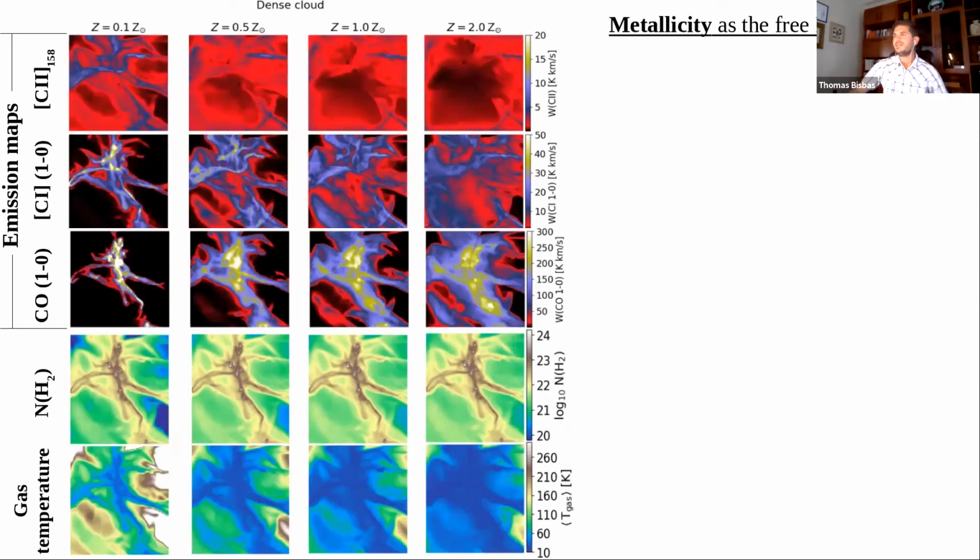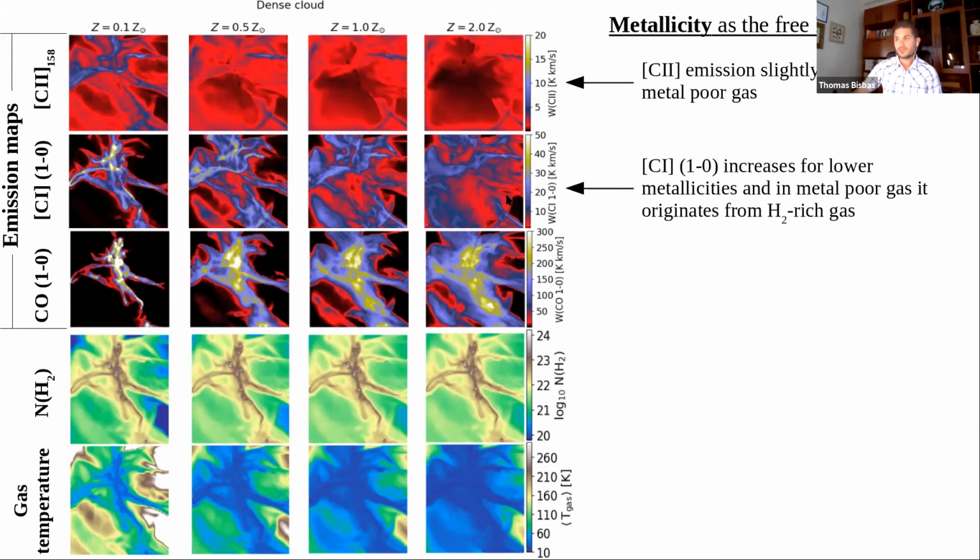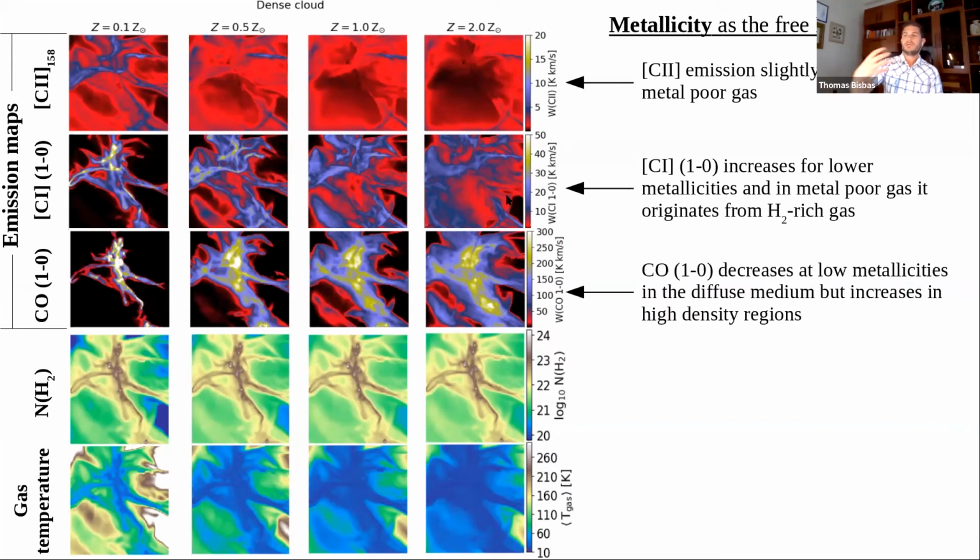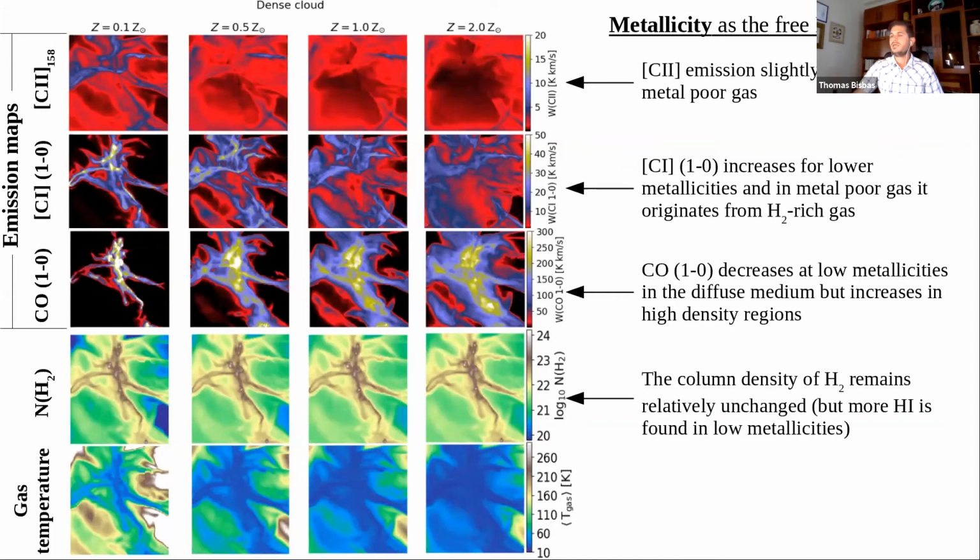And finally, when we talk about the metallicity, the C+ emission slightly increases for metal-poor gas. So in this case, you have to read the map from right to left, in the opposite direction. So if we decrease the metallicity, C+ increases, C1 also increases, and CO is destroyed in the outer parts, also because dust is not there anymore, and it cannot block the FUV photons, so the CO is photodissociated.